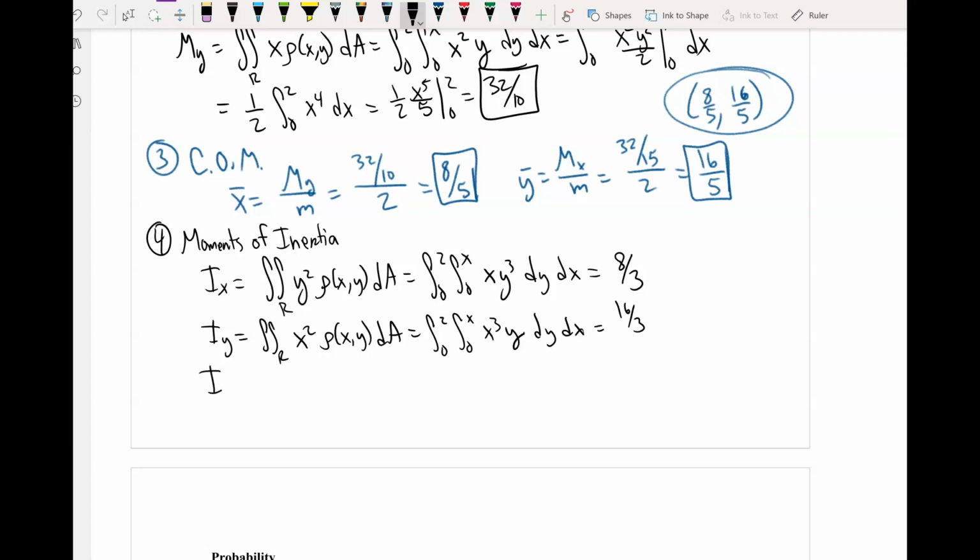And the moment of inertia about the origin will just be the sum of the two moments of inertia with respect to x and y. So 8 over 3 plus 16 over 3 gives me just 8. Okay.